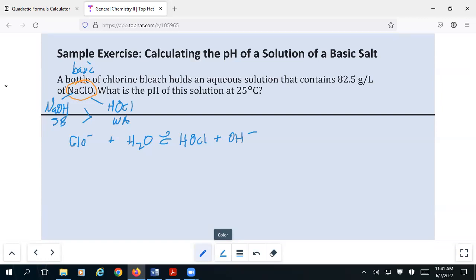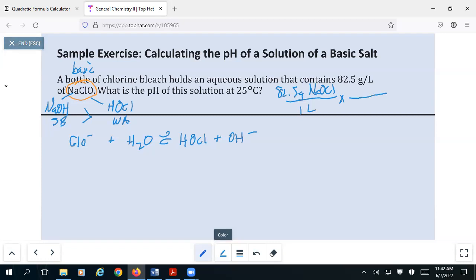Now we got to get into some of the other business. This concentration isn't a molarity, so we got to turn it into one. That's actually the easier of the two tasks. 82.5 grams of sodium hypochlorite in 1 liter of solution.